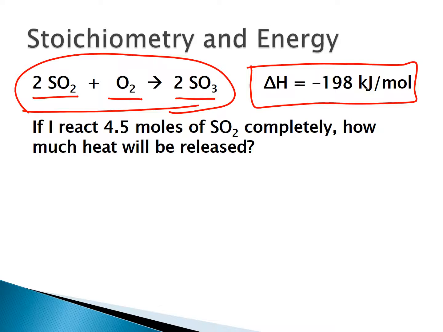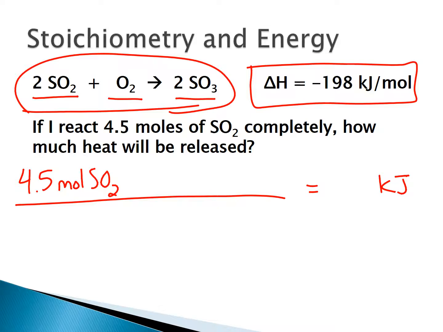Okay, so if I react 4.5 moles of sulfur dioxide, using these relationships, I can calculate the energy released. I know from the balanced equation that for every 2 moles of sulfur dioxide, I produce 198 kilojoules.